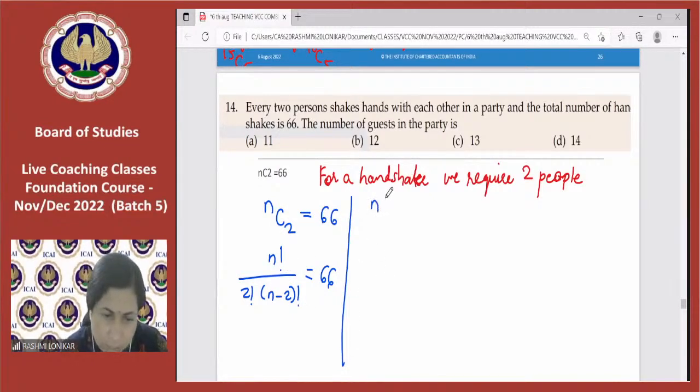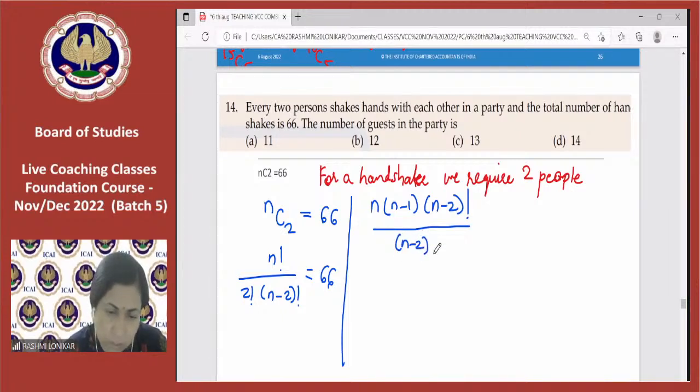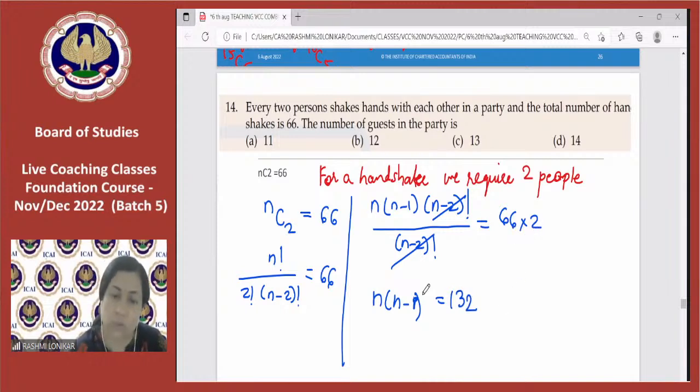So n into n minus 1 into n minus 2 factorial upon n minus 2 factorial is equal to 66 into 2. The n minus 2 factorial in the numerator and denominator will get cancelled. So I have n into n minus 1 is equal to 132. 66 into 2 is 132.